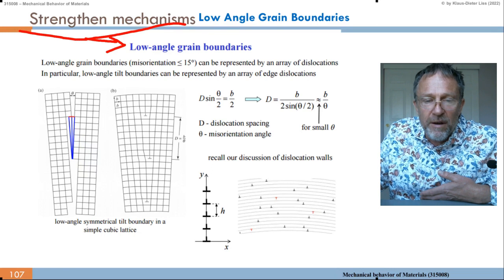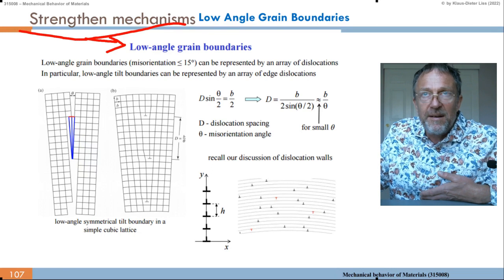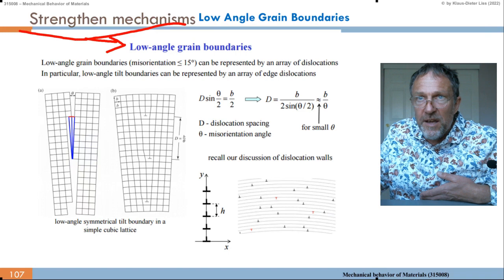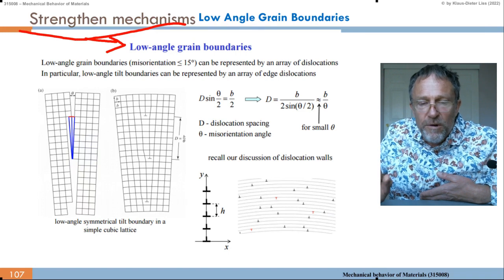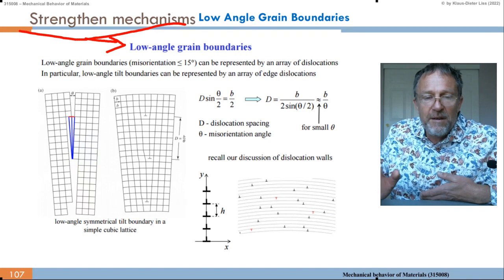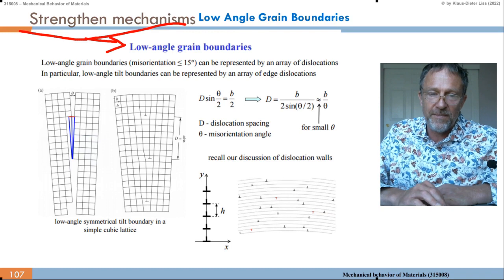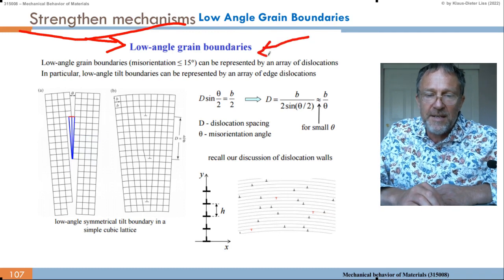If we can somehow fix the dislocation in place, in space, so that it cannot move, then we have a strengthening of the material. So the low angle grain boundary is a nice example of strengthening the material.